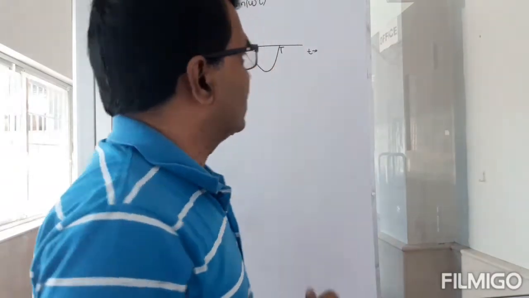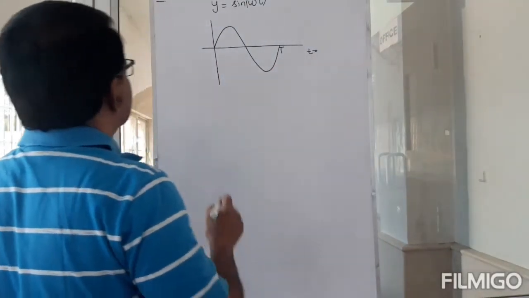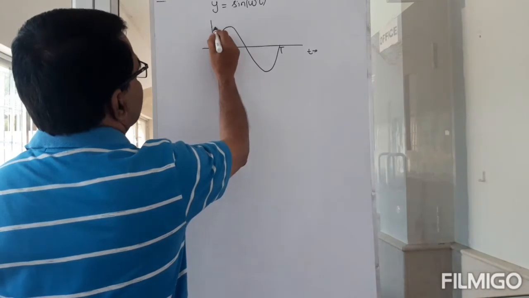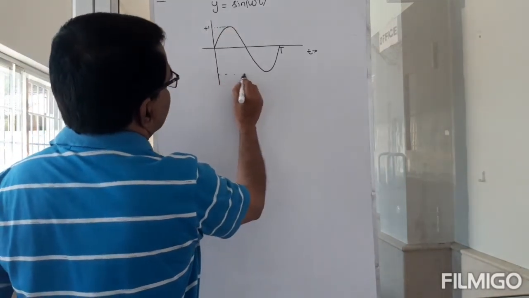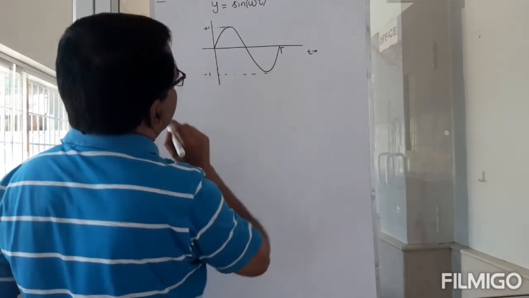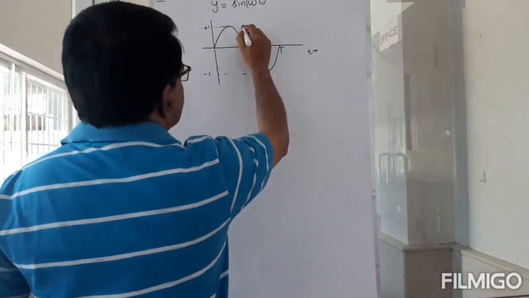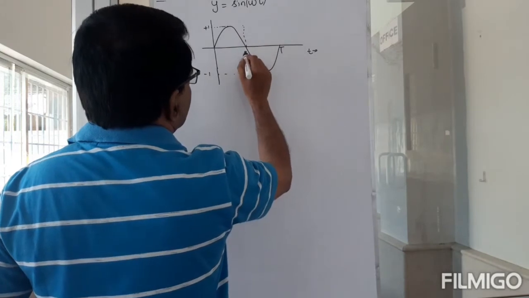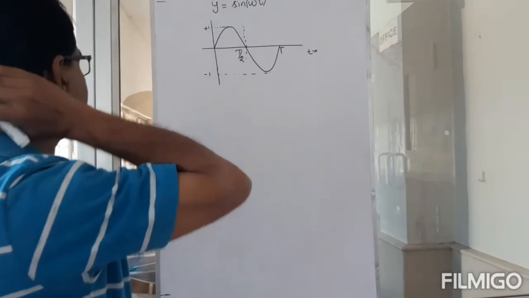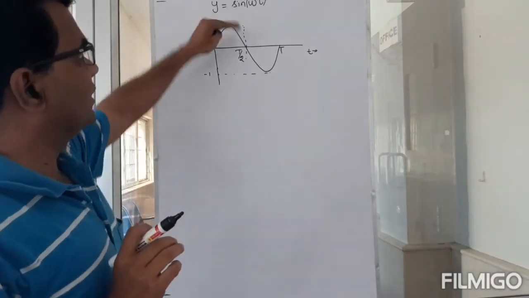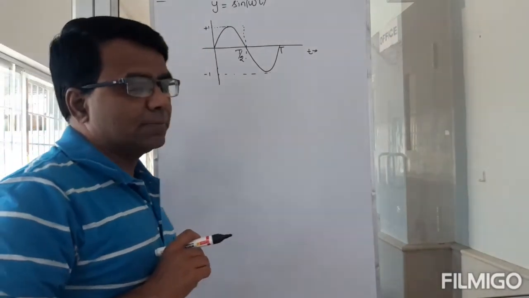So it oscillates, goes up and down, and in one time period it will complete one oscillation, one round. Okay, so it will start from 0, then this will be plus 1 and this will be minus 1. And this is actually T by 2 and that is T. In half time, then it will give 1.